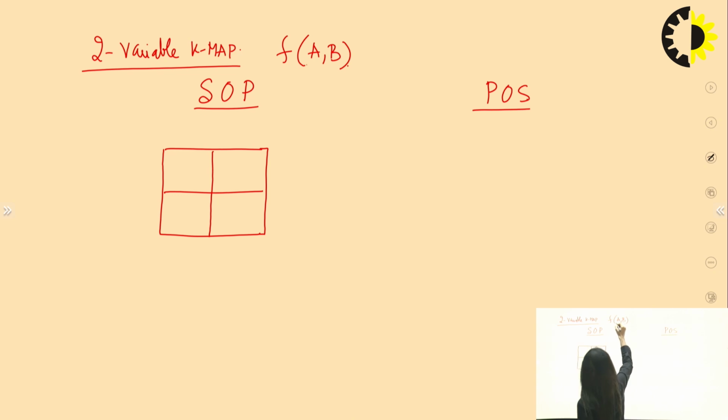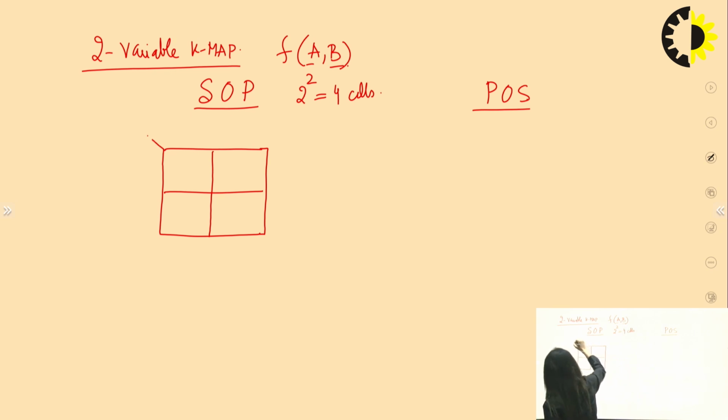Since there are two variables, 2 raised to the power 2, there will be 4 cells. Similarly, we will write it like this. Now, I have made one SOP K-map.